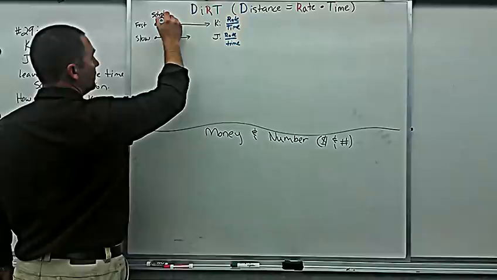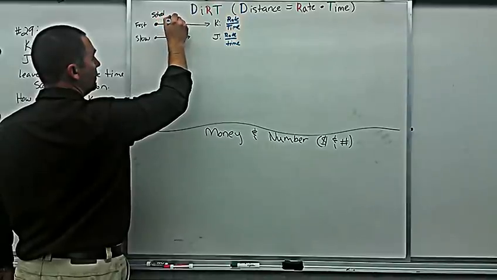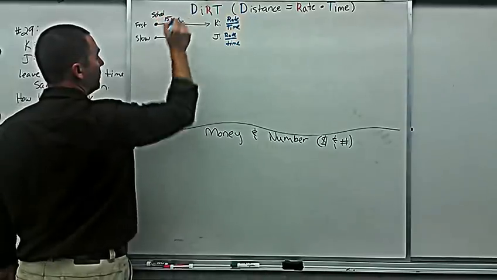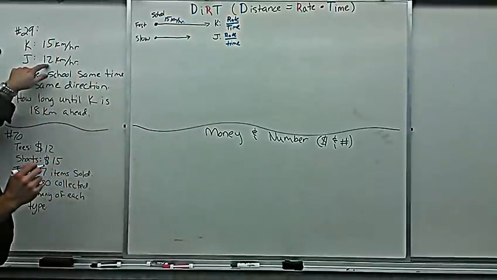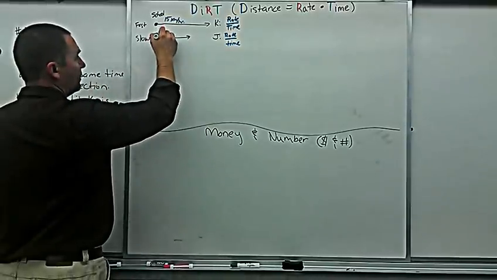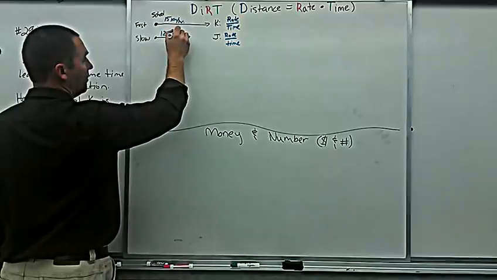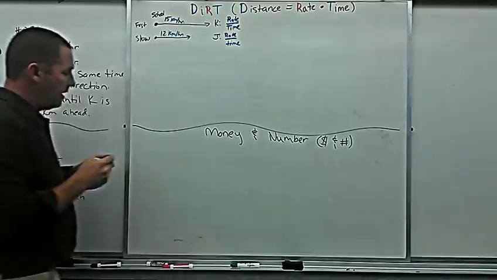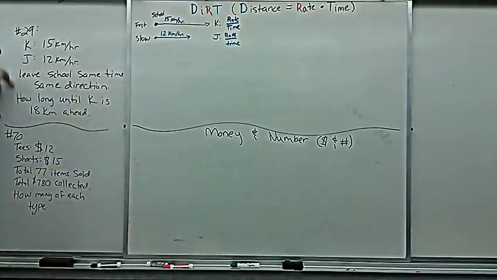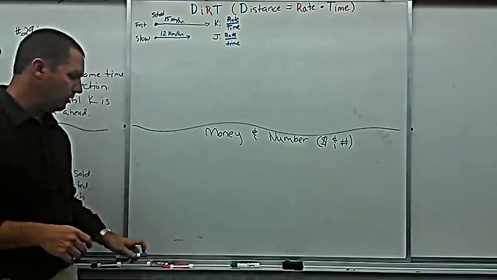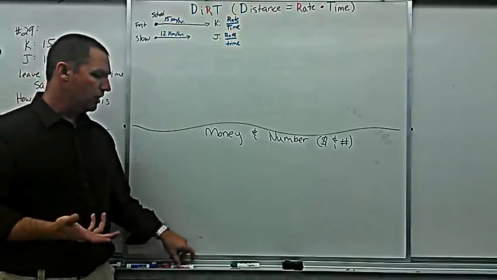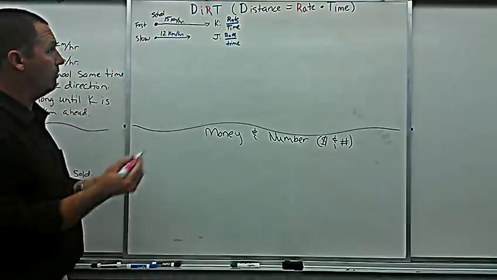And the slow rate is Jack. That's 12 kilometers per hour. Now, what they don't tell me, when I read the problem, is how long each person is traveling. So since they don't tell me, I don't know.